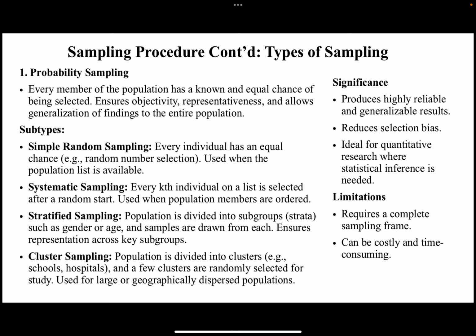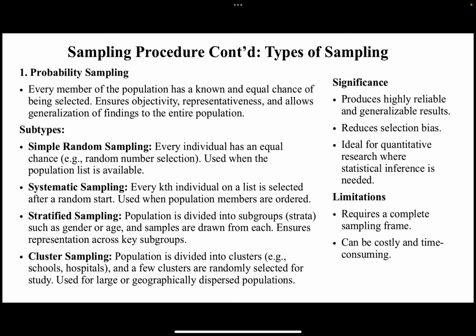Then select samples proportionately from each stratum. What this means is that this is going to ensure that both males and females are properly represented. That's the essence of stratified sampling.